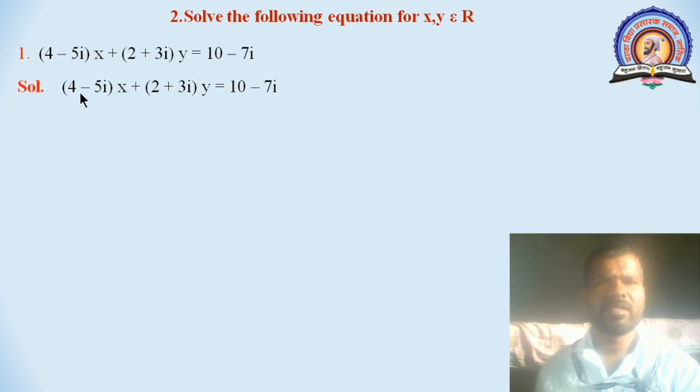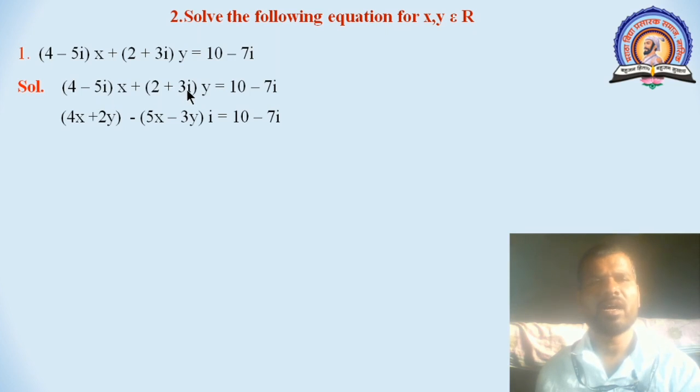So multiply x inside the bracket, multiply y inside the bracket, you will get 4x minus 5ix plus 2y plus 3yi. So on separating the terms of real part and imaginary part, we will get (4x plus 2y) minus (5x minus 3y)i is equal to 10 minus 7i.